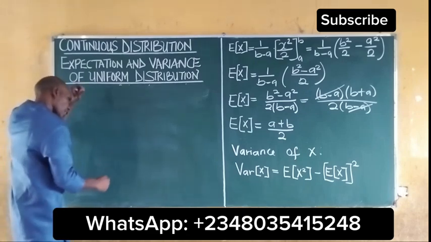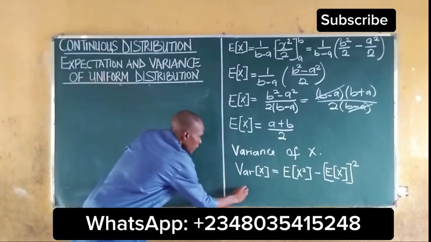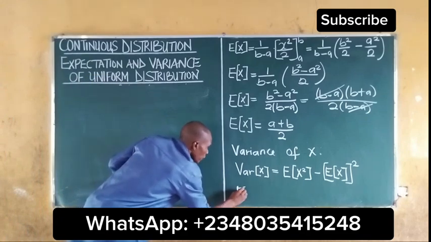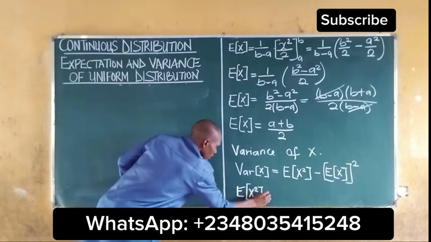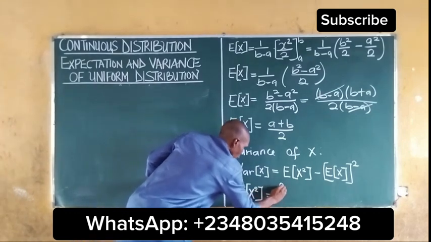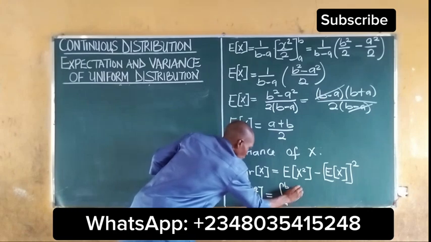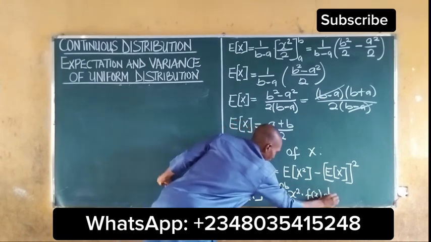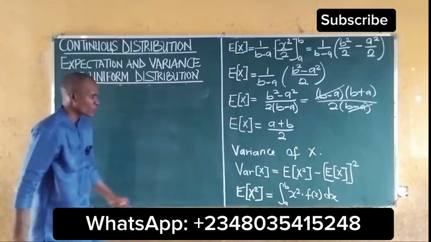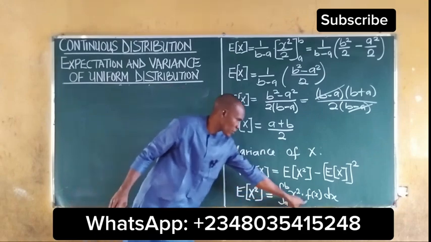So the expected value of x squared is equal to the integral from a to b of x squared multiplied by f of x dx. So this is the expected value of x squared.